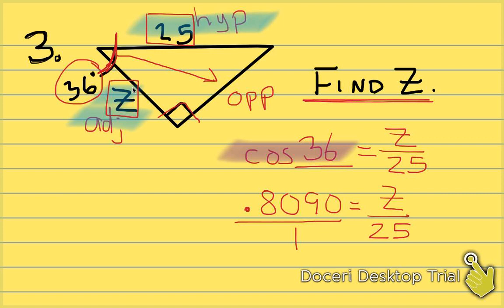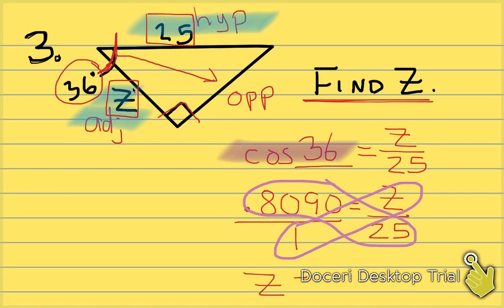And then we want to go ahead and cross multiply. So we're going to do this and this. And you should end up with something like z equals 20.2. Okay? When you multiply 0.8090 times 25, you end up with 20.2. I'll give you a second to copy that down.